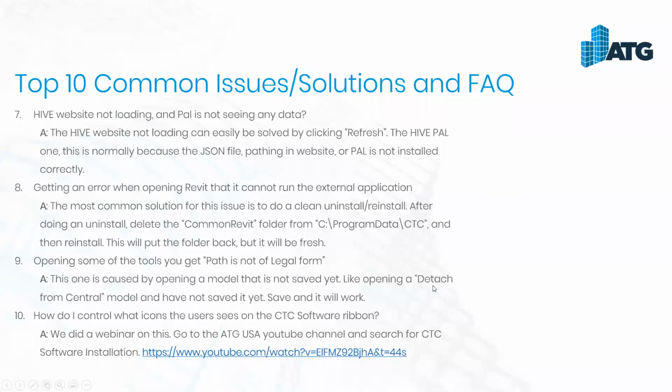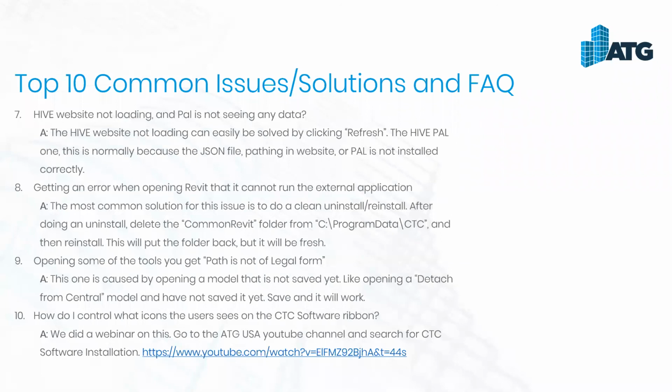The most common one is a person will be testing a scenario, and they will detach from central on the model they're trying to work with. That's when the error is going to happen, because in Revit, certain things require that the file be saved in order for the API to get information from the file to be able to do the task. So the most common solution for this: save, and then you're good to go.